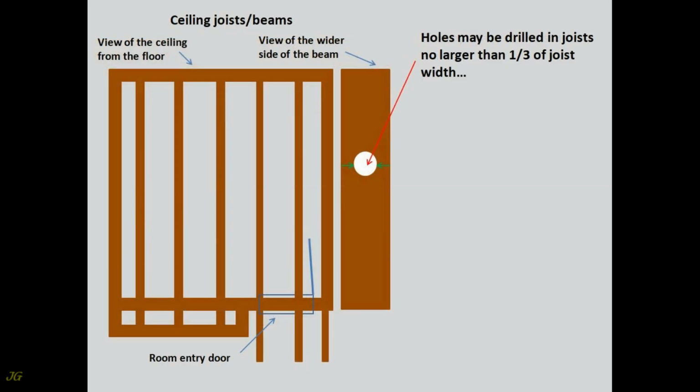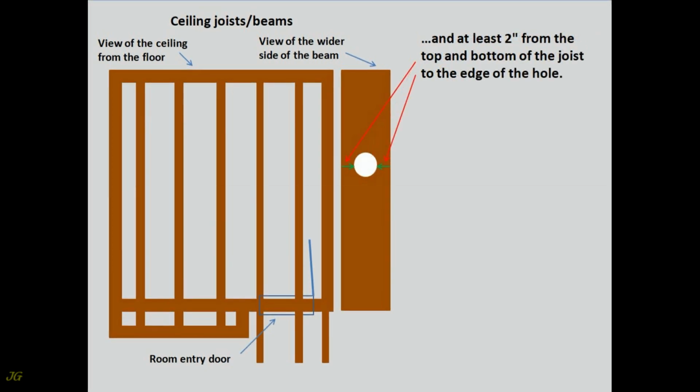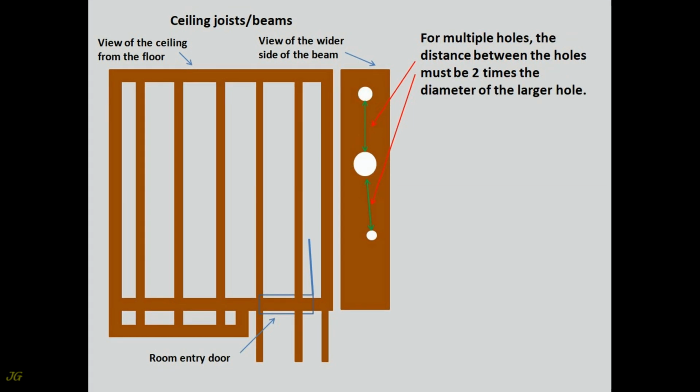Holes may be drilled in joists no larger than 1/3 of joist width, and at least 2 inches from the top and bottom of the joist to the edge of the hole. For multiple holes, the distance between the holes must be 2 times the diameter of the larger hole.